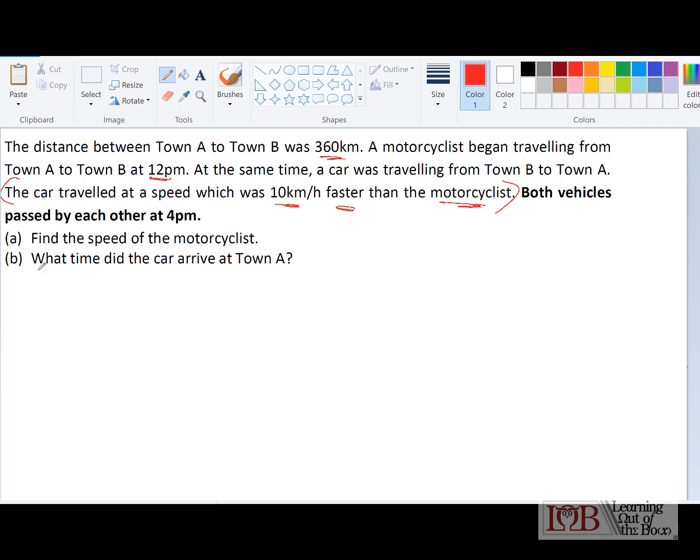So you have A and B. Okay, let's not look at A and B first. Let's ask ourselves whether we can form some ratio. Yeah, though you do have a difference here, if you scan through the whole question again, you realize that it's pretty hard to have nice numbers, or you're given the speed of the car and then the speed of the motorcyclist, or at least you can use this relationship, this difference, to find the speed of the other vehicle.